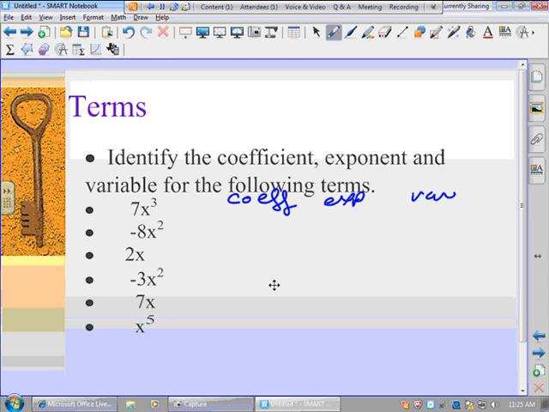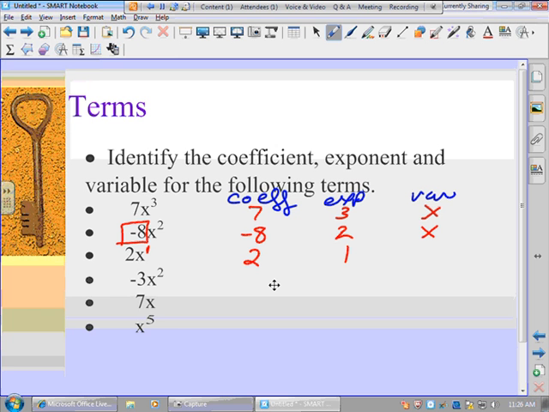The coefficient in the first one is 7. The exponent is 3, and the variable is x. Here we have a coefficient of negative 8, an exponent of 2, and a variable of x. A coefficient of 2, when there's nothing there for the exponent, then we're just going to say the exponent is 1.